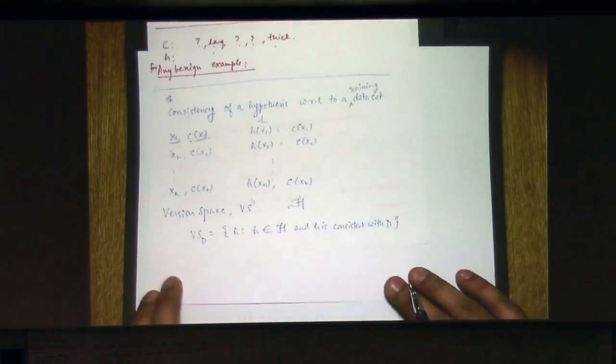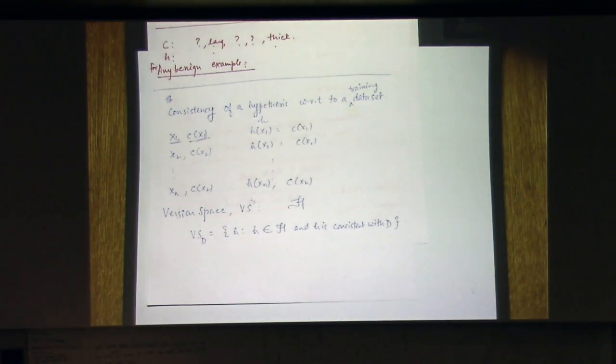So that is just the idea. The reason we are talking about version space is that instead of trying to learn one hypothesis and claiming that this is the target concept, we are going to come up with an algorithm which will give us the version space, which means it will give us all the hypotheses which are so far consistent with our training data set, because that's what we want.